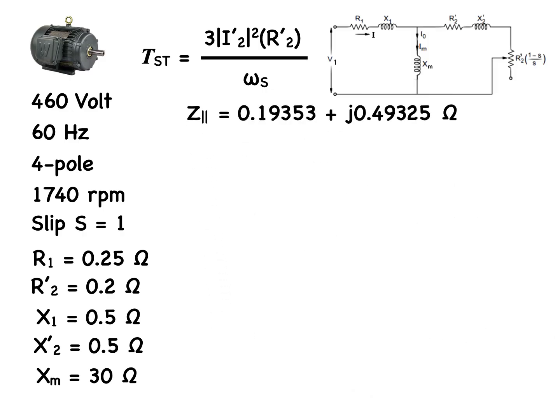Inverting 1 over Z parallel, we get Z parallel equal to 0.19353 plus j0.49325 ohms.